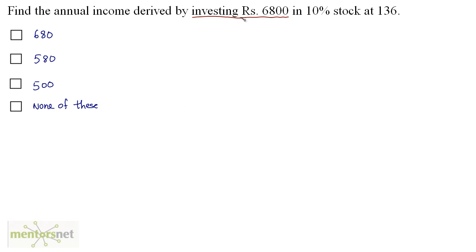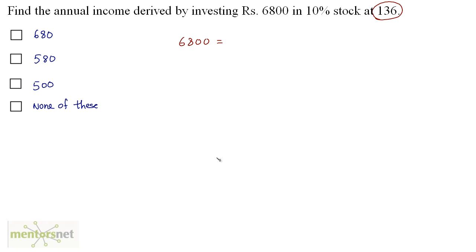And as it is the amount that is invested, it means that this is the market value of the shares, right? Because the shares are purchased, and when you purchase the share, you always purchase it on the market value.